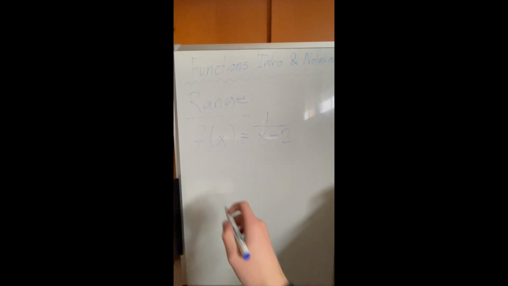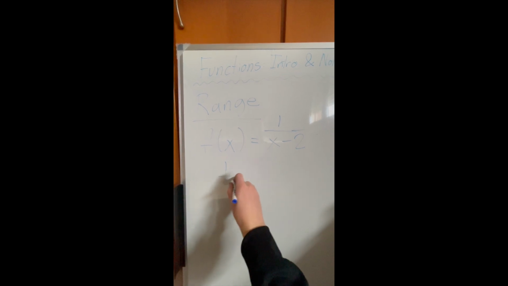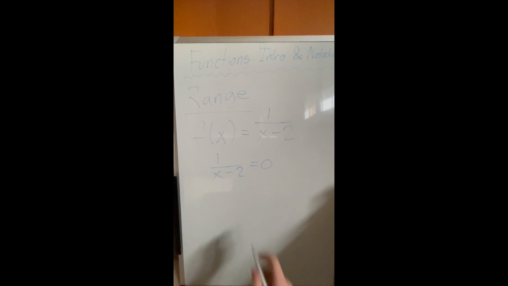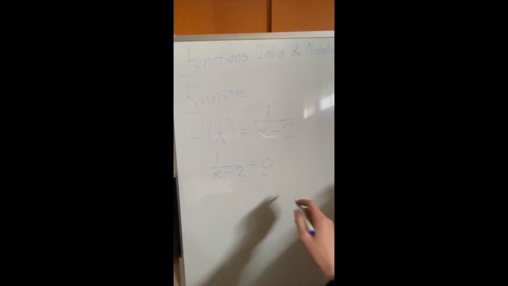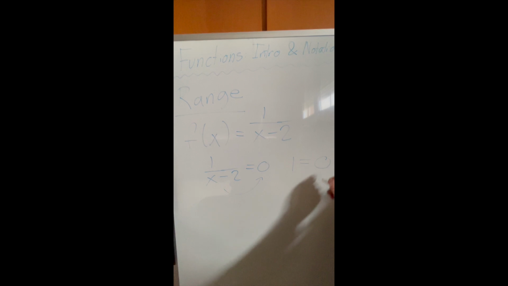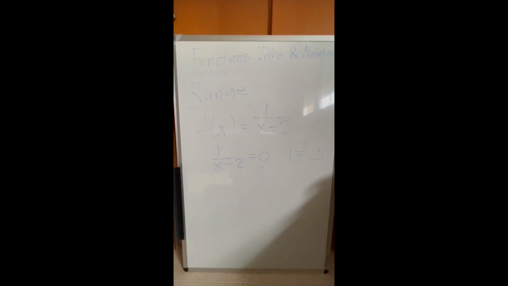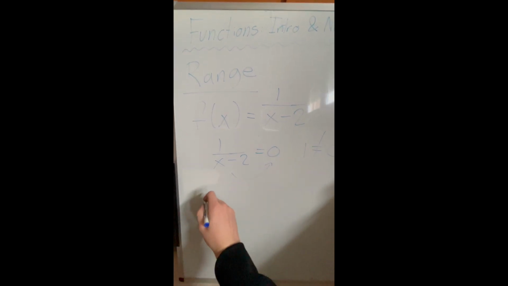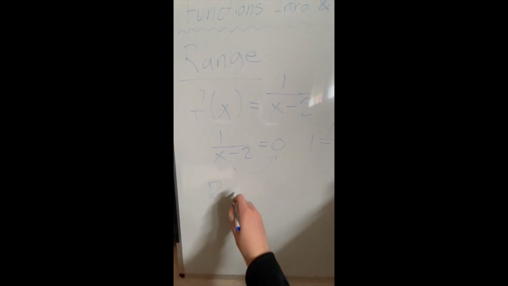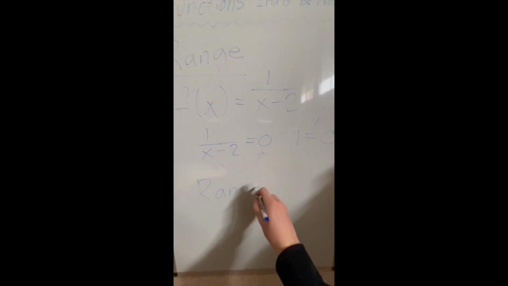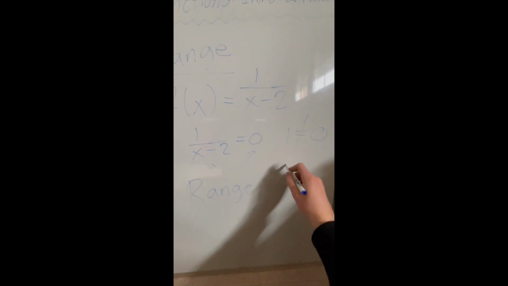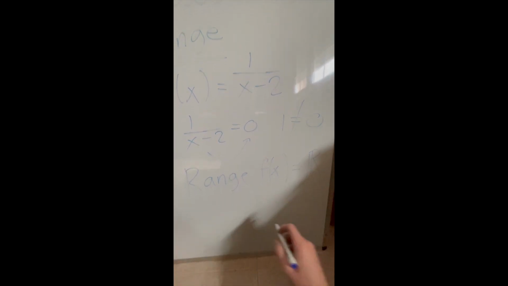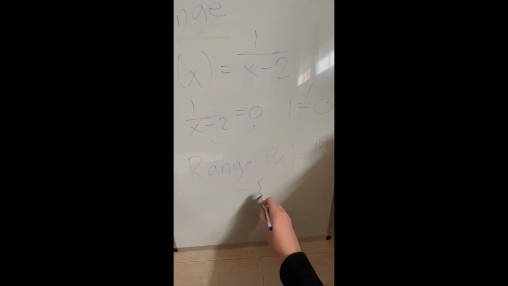The y value will never be 0, as if we do 1 divided by x minus 2 equals 0, all we get is we pass this to the other side, 1 is equal to 0, which is obviously not true. So the range for this function can also not be 0. You would say this like so. Range of f of x is equal to all real numbers except for 0.